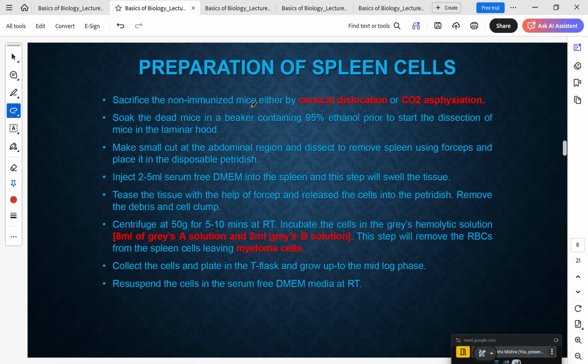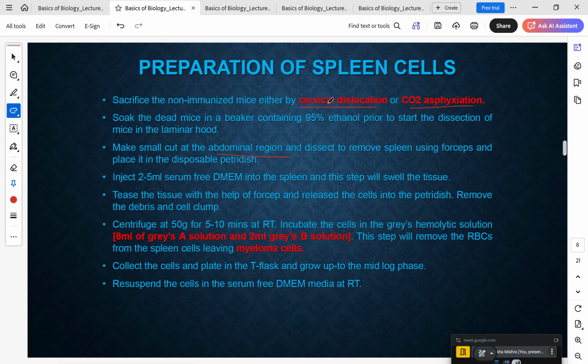To isolate the spleen cells, you make a small cut at the abdominal region, after the mouse has been euthanized by cervical dislocation or by CO2 asphyxiation. Recent ethics guidelines probably prefer cervical dislocation over CO2 asphyxiation, but that differs from institute to institute.